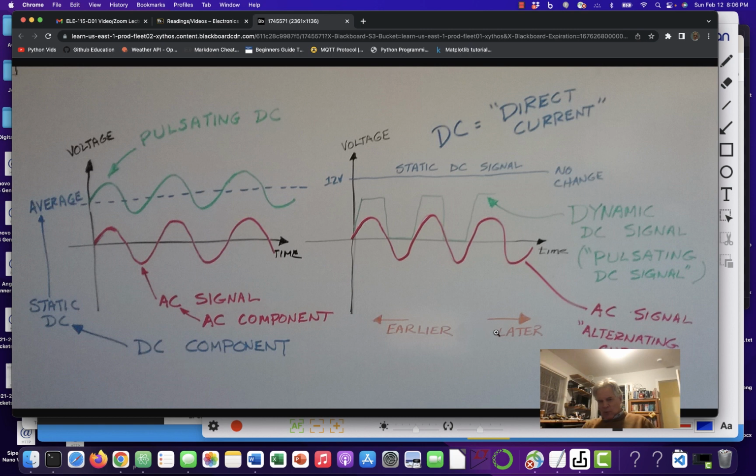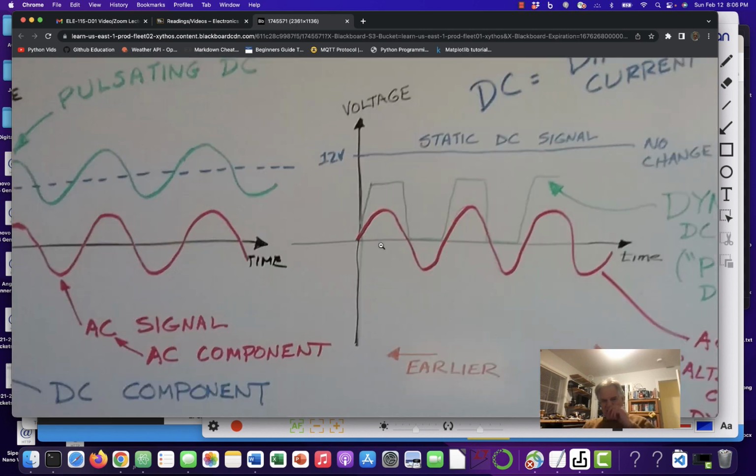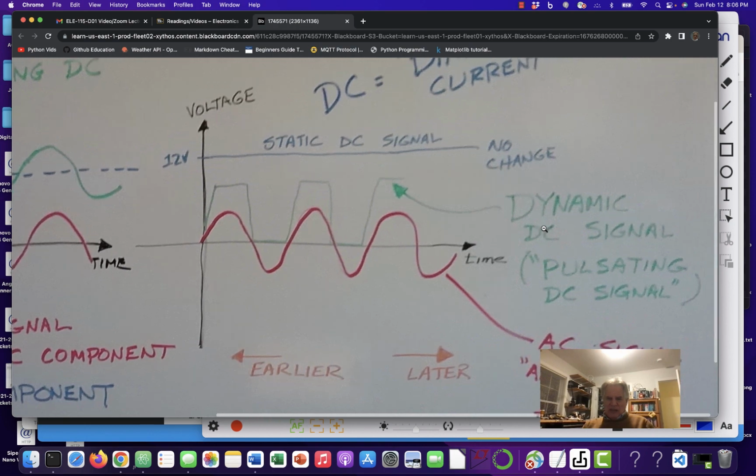Just a moment of review about the oscilloscope. This sine wave right here happened most recently. This sine wave over here, the things on the left, happened longer ago. If you look at this faint kind of square wave in the background, this is a pulsating DC signal because it never goes below 0.